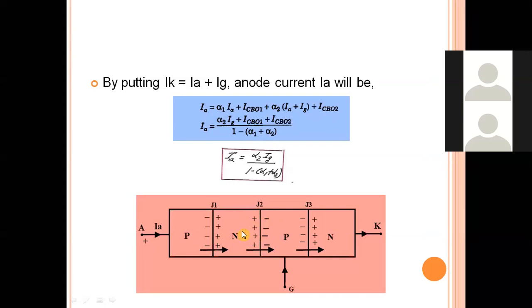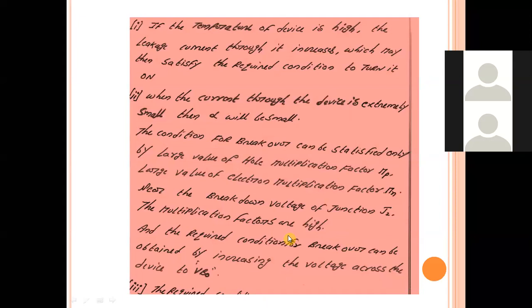That is, the multiplication factor for the reverse biased junction of holes and electrons is going to be high. Whenever a small rise in the voltage is provided, this multiplication factor increases, making the device conduct. So that is the second consideration.